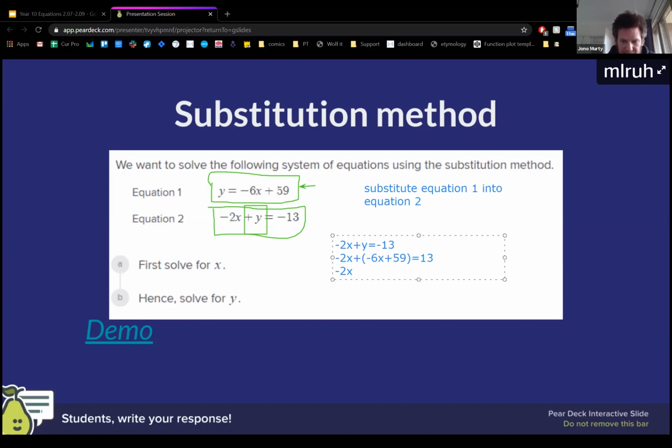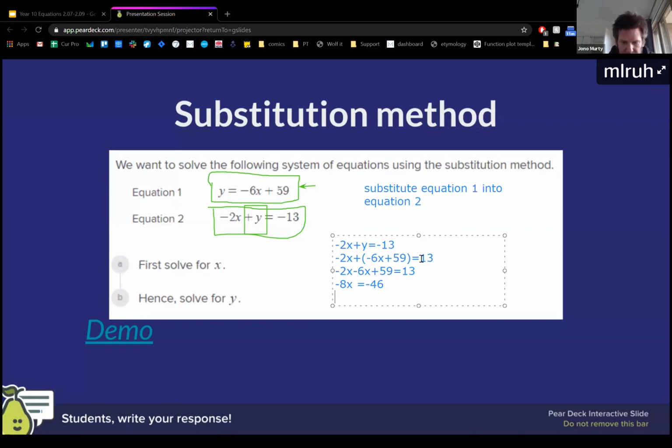Let's just remove the brackets. Now we're minusing this 6x term. We're adding the 59. Now I can collect my terms, and let's take the 59 over to the other side. Minus 46. Why are these numbers so bad? Most of the ones you'll come across in your textbook will give nice whole number answers.